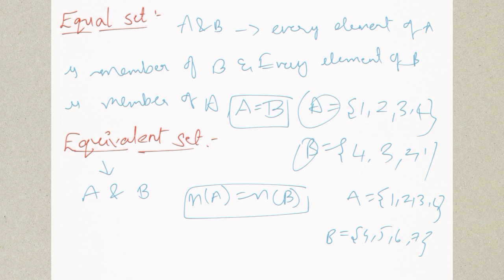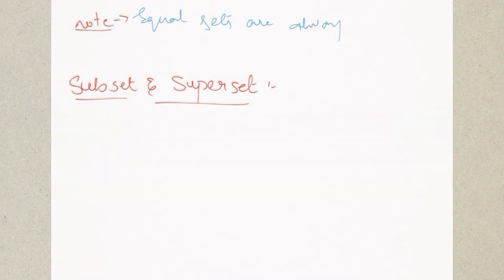Then they are called equivalent sets, because here also 4 elements, here also 4 elements in that set. That's why they are called equivalent sets. Equal sets are always equivalent sets. That is a note point, because same elements means obviously same count also will be there, right?